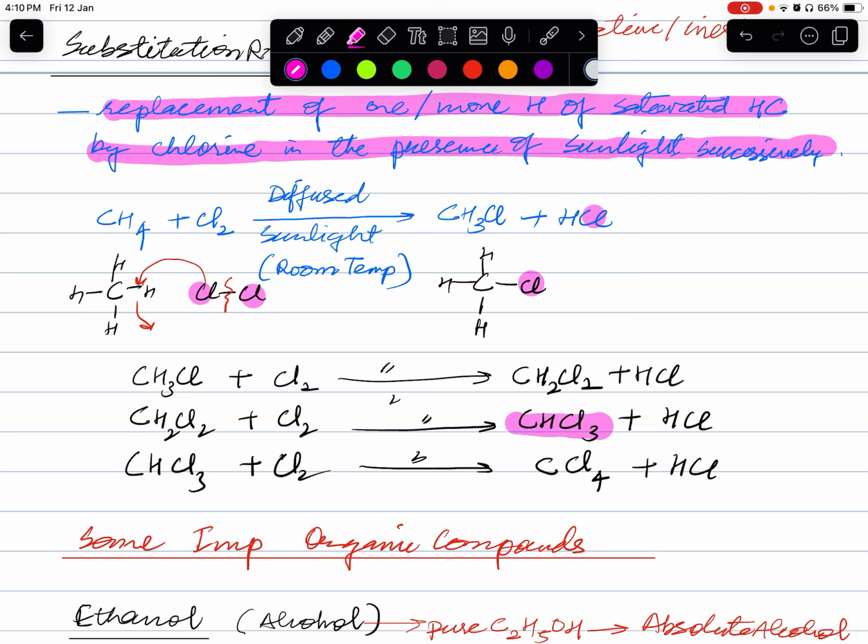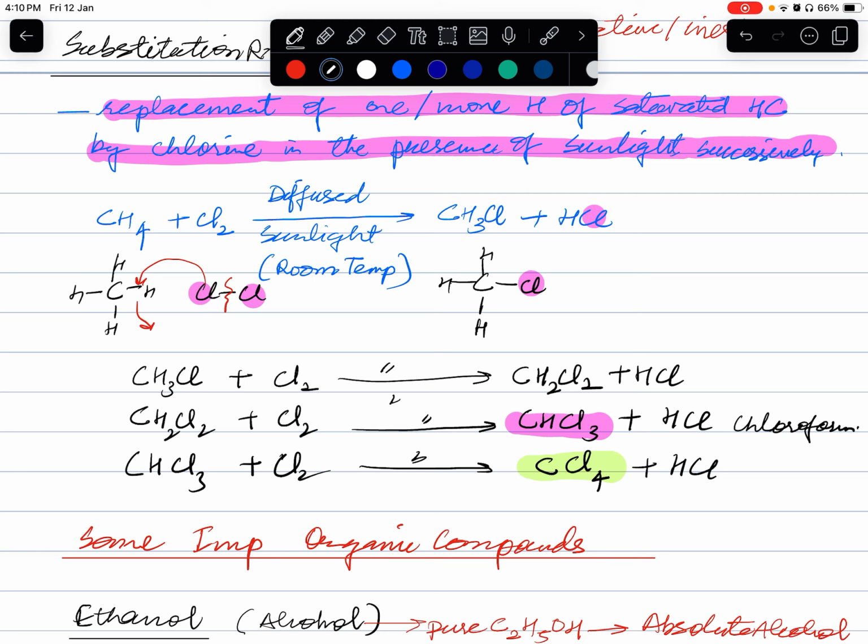Now two of these products are very important. This CHCl3 is called chloroform. And the next one, CCl4, is a universal solvent for organic compounds, and it is called carbon tetrachloride.